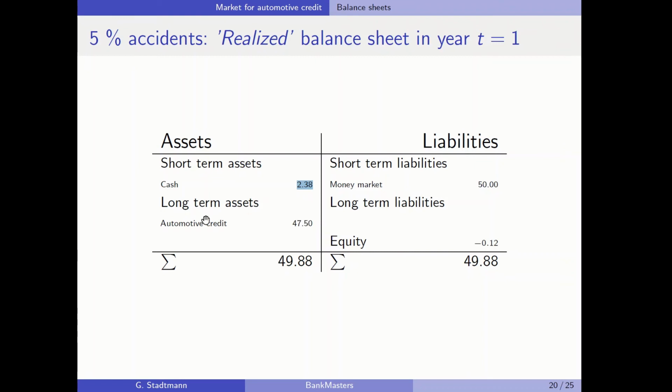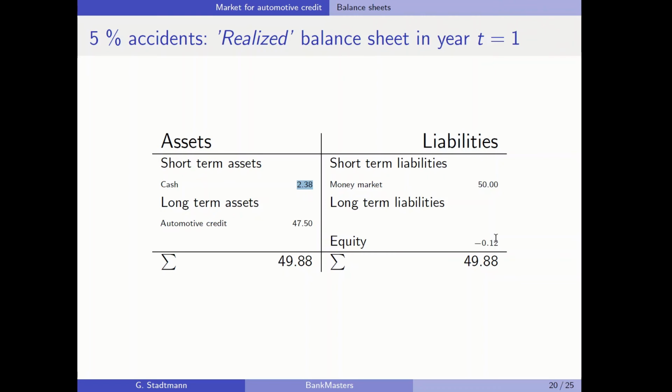So not only the long-term asset is affected, but also the short-term asset. Hence, it becomes clear that in the end, due to the fact that we have to write off automotive credits as non-performing loans and the cash inflow is lower, we'll make a loss. Our bank will make a loss, and the equity will be negative.